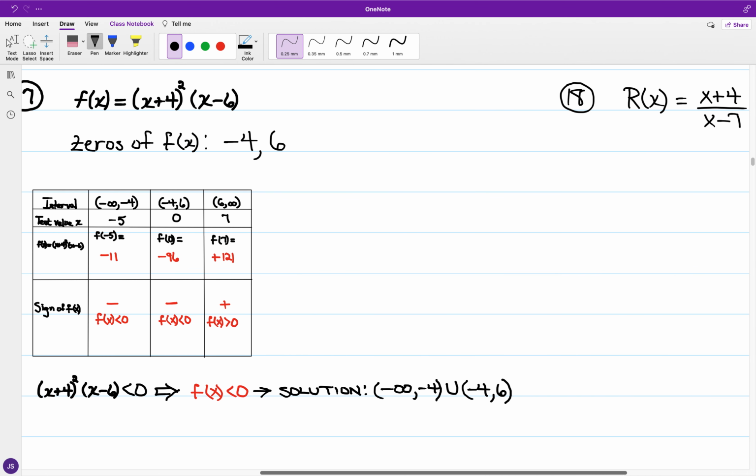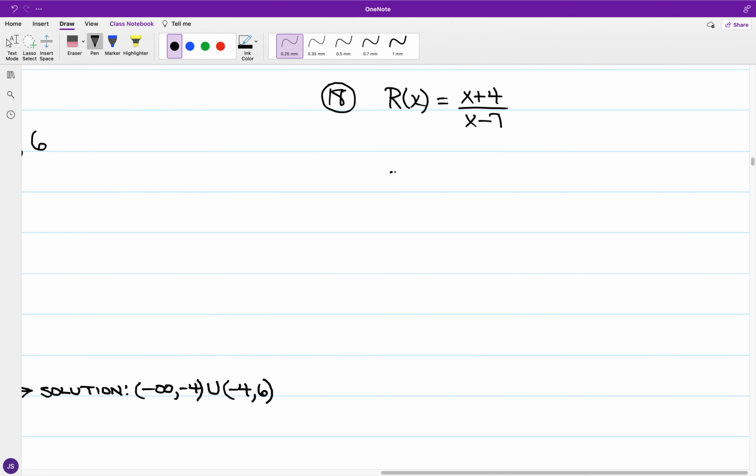So for the zeros of r of x, if I set the numerator to 0, then I can have a 0 numerator as long as I do not have a 0 valued denominator. So if x plus 4 is 0, we have x equal to negative 4, and this will create a situation where r of x is equal to 0. So negative 4 is going to be in the domain.